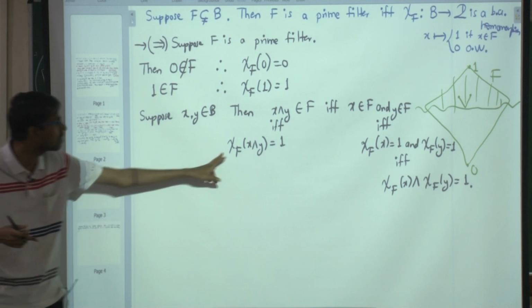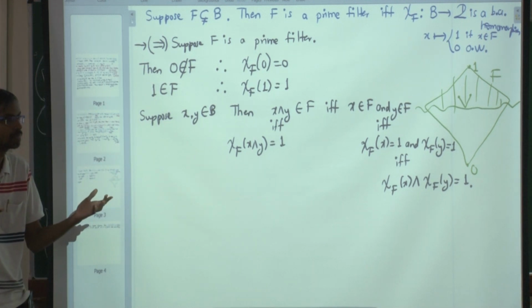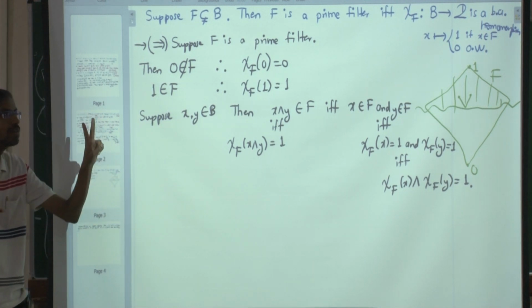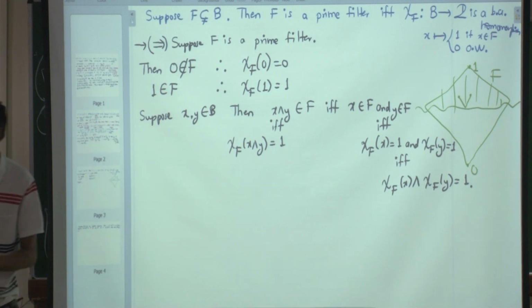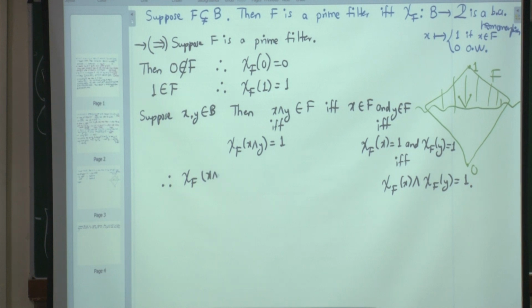So therefore, both these values must be equal. There are only two values. So therefore, chi F of x meet y is equal to chi F of x meet chi F of y. Okay, so this is the third property.